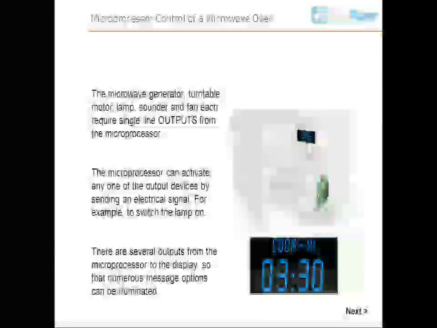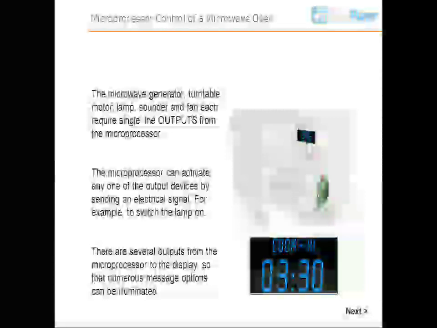The microwave generator, turntable motor, lamp, sounder and fan each require single-line outputs from the microprocessor. The microprocessor can activate any one of the output devices by sending an electrical signal, for example, to switch the lamp on. There are several outputs from the microprocessor to the display, so that numerous message options can be illuminated.